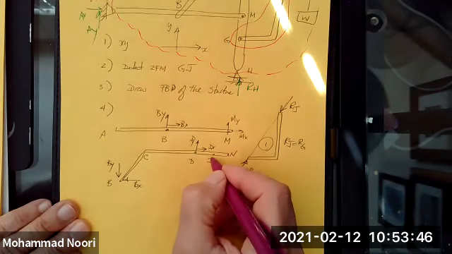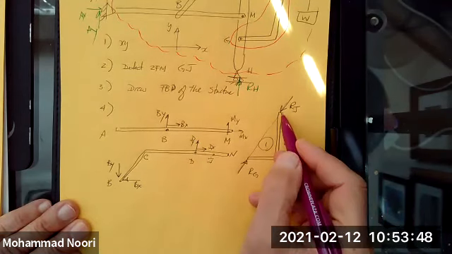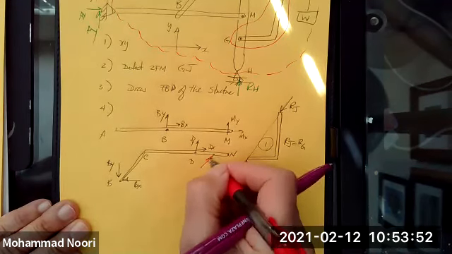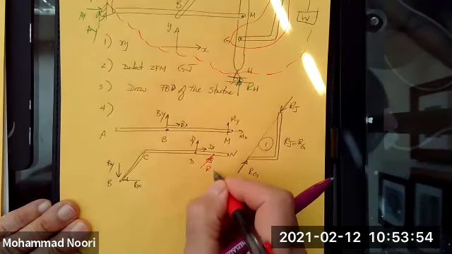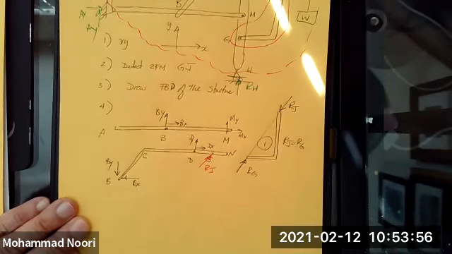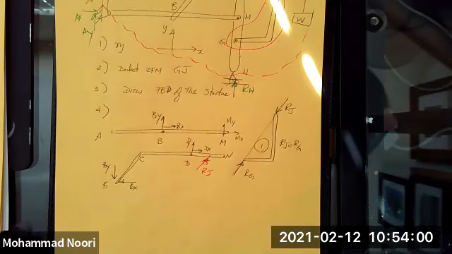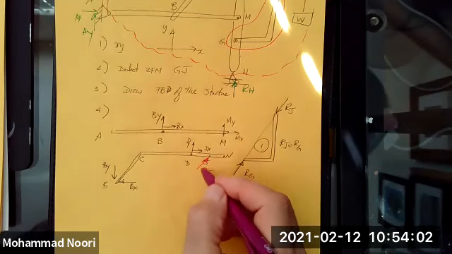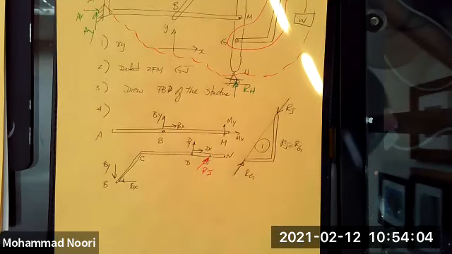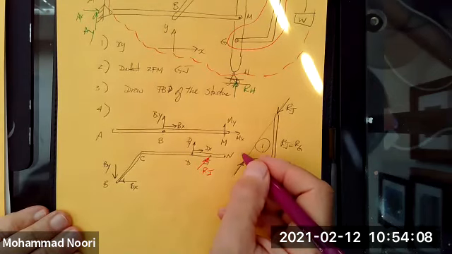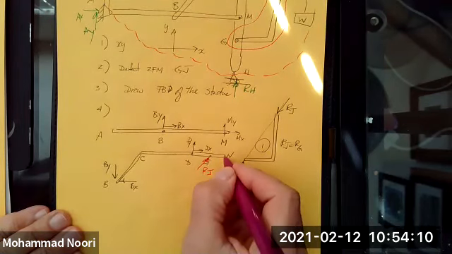How about at J? J, this is the key. You have only one unknown, RJ, not 2 unknowns. And that's why detecting two force members is important, because if these were 2 independent unknowns, you would end up with more unknowns, as you will see from the number of equations that you have. So you cannot solve them.